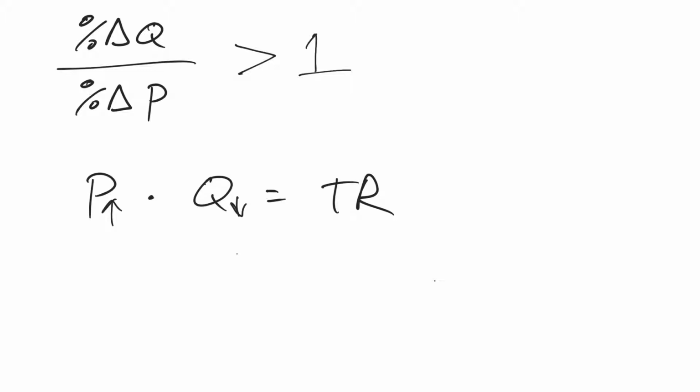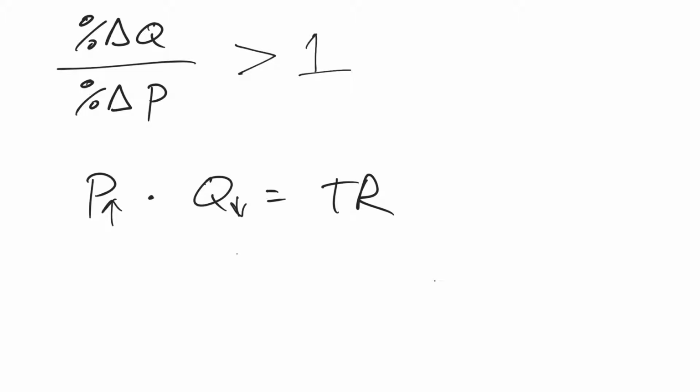What happens to total revenue? Well, since we've got Q bigger than P, Q here bigger than P here, Q is going to dominate, and revenue will go the same direction Q goes.